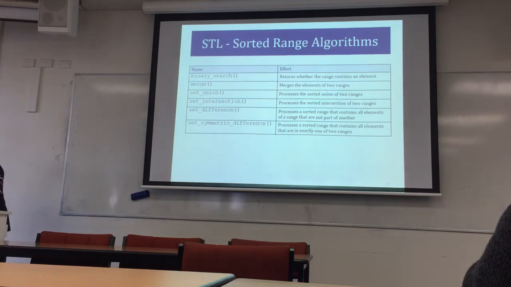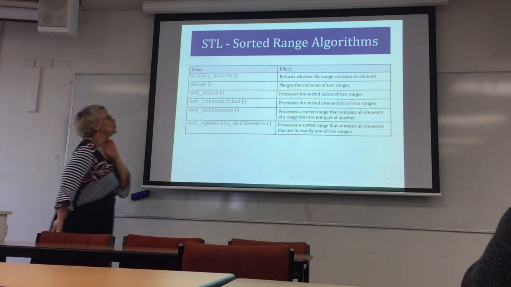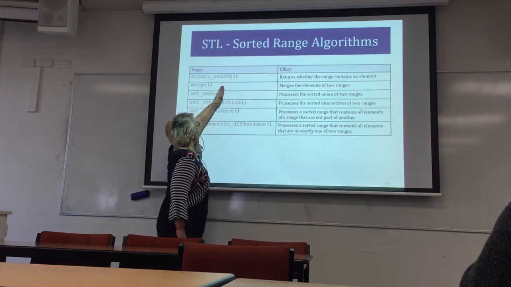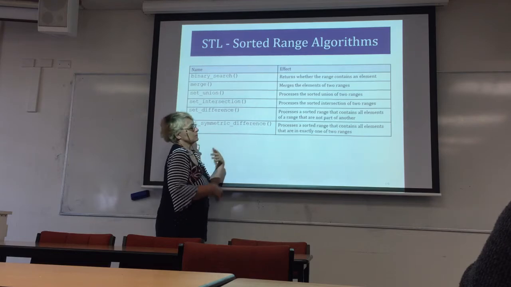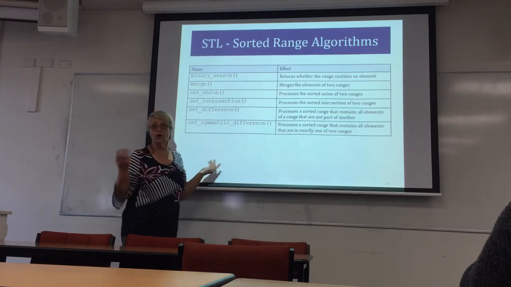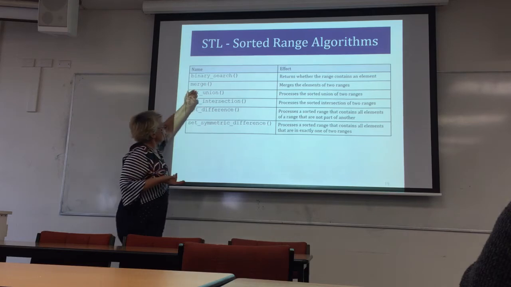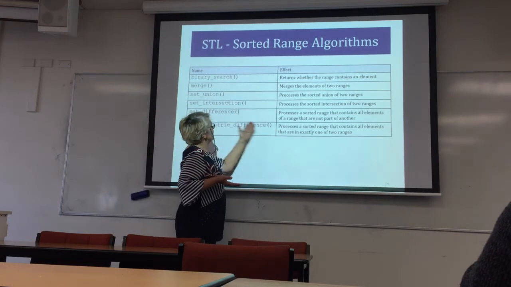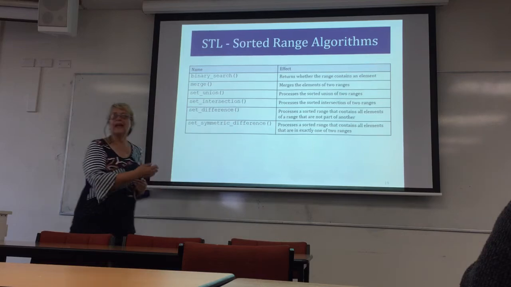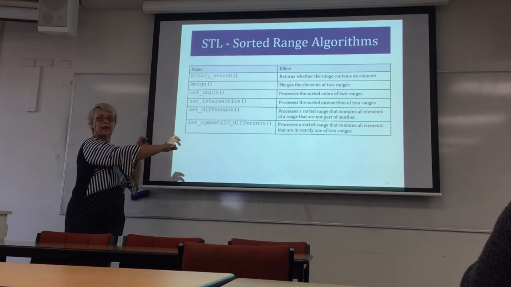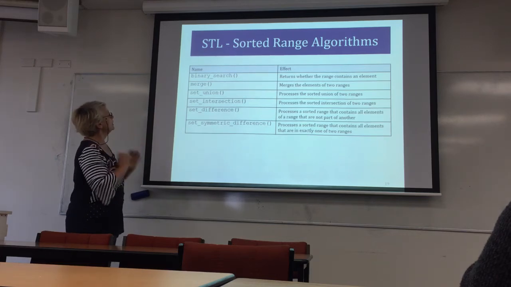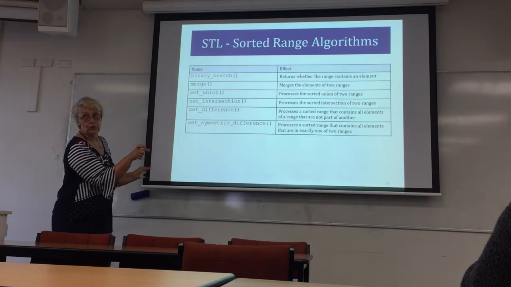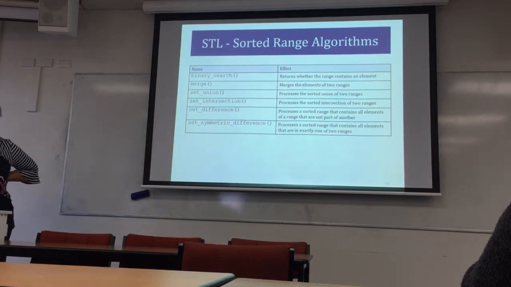Sorted range algorithms, it means that all these algorithms, in order to work, have to invoke only sorted containers. They work fine for set maps because they are already sorted, but they work on vectors. The typical way to use any of them is first you sort the algorithm and then you call binary search, or you call merge with two sorted ranges.